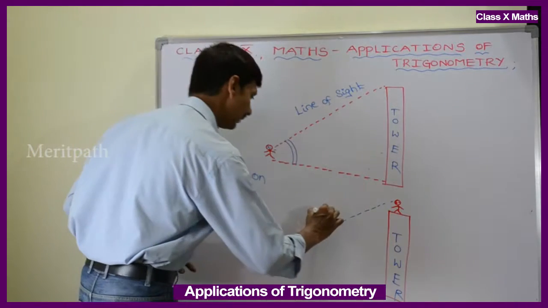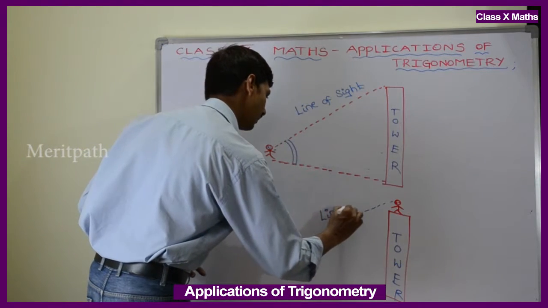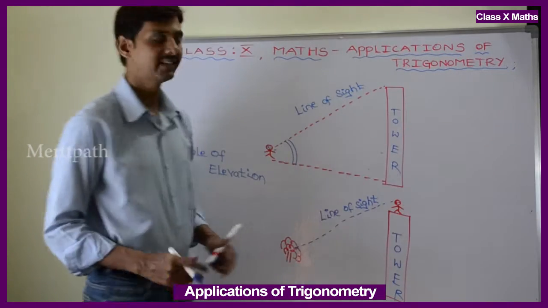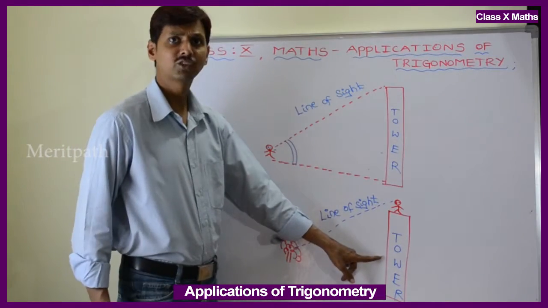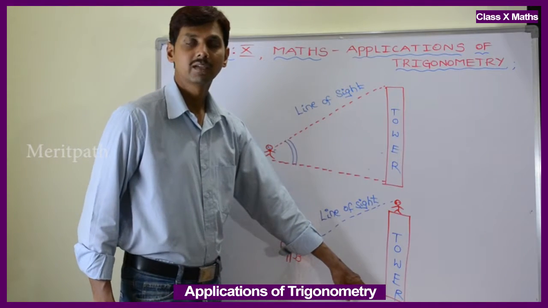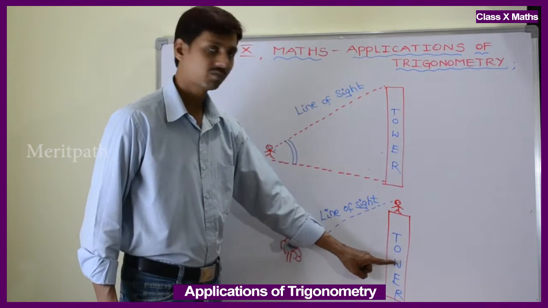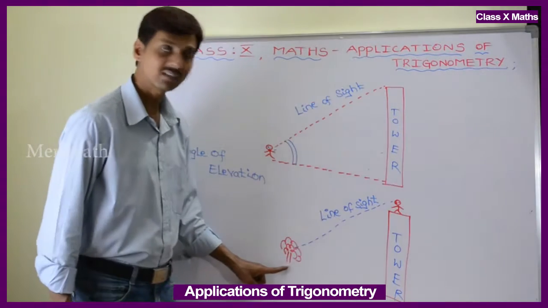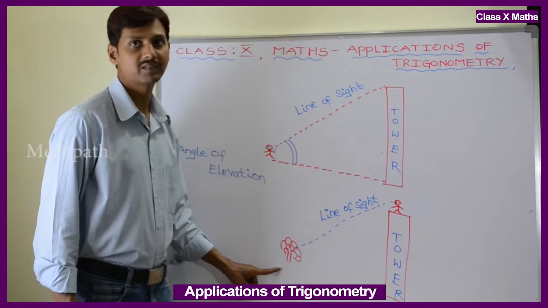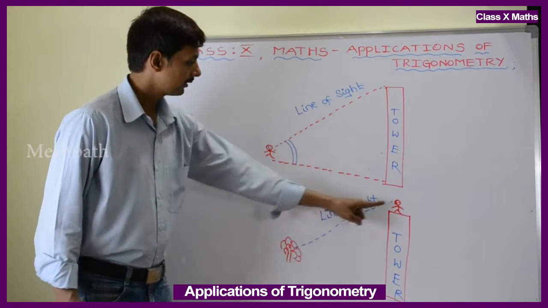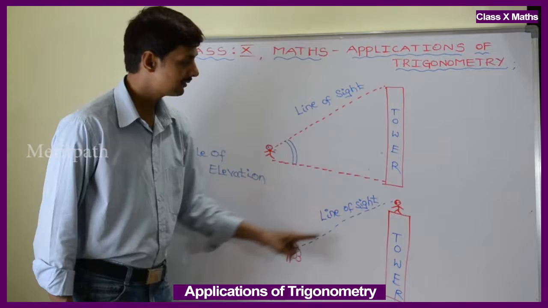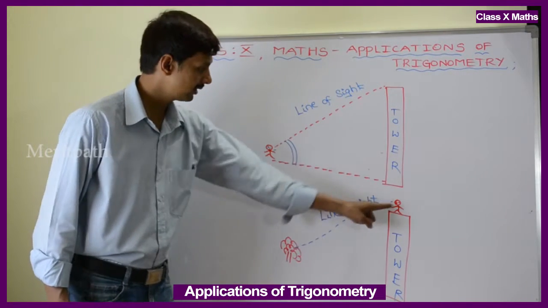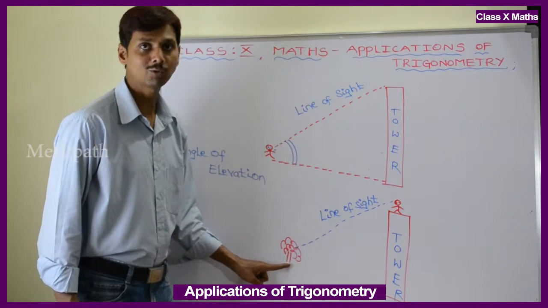Let us think this is a small plant or tree, and he is observing this. This is also the line of sight. In this second situation, the observer is observing from the top of the tower an object below his eyesight, and the eyesight forms the line of sight.